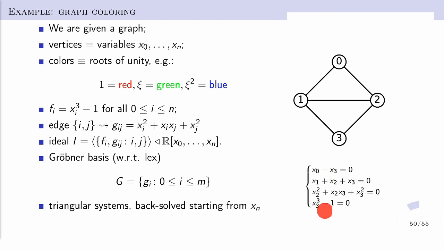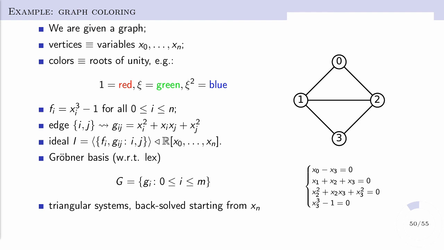So we solve it starting from the bottom equation. This equation has 3 solutions, so we can choose any of them. In other words, this says that we can assign any of these 3 colors to this vertex. So assume that we assign red to this one.